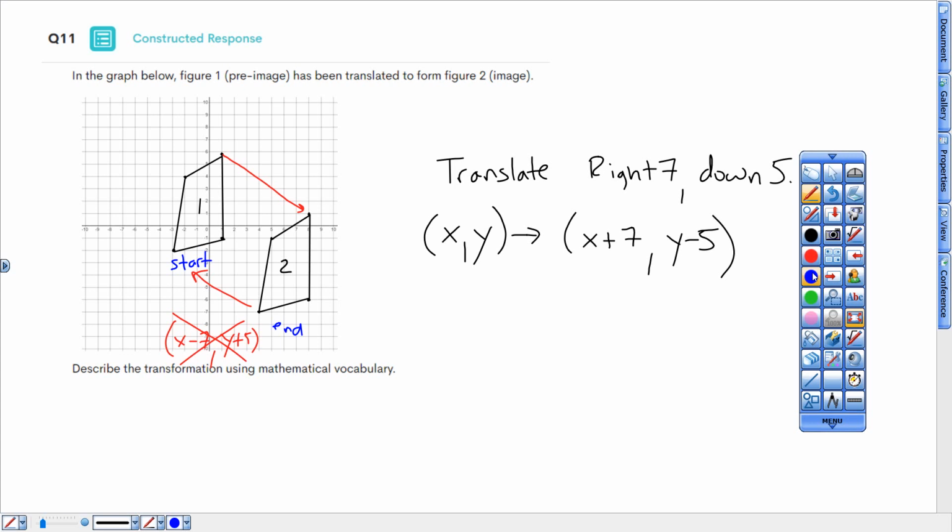All right, let's draw this funky little shape. And then let's draw this one over here.